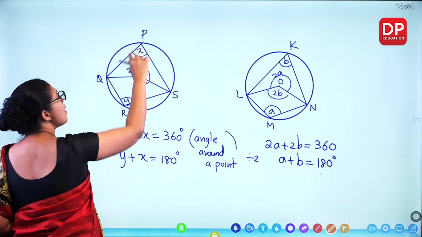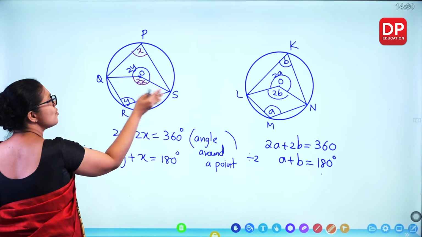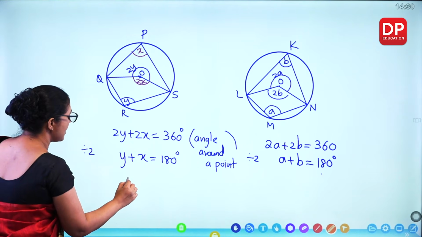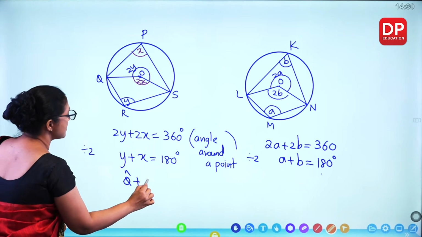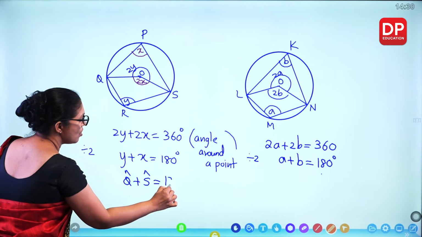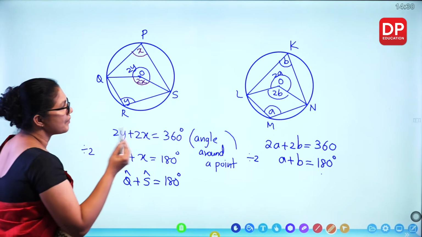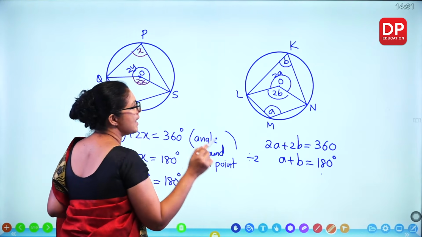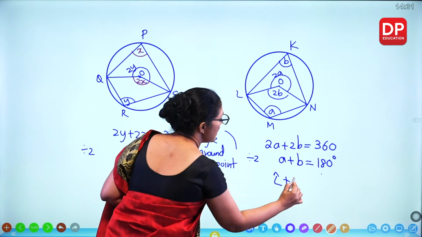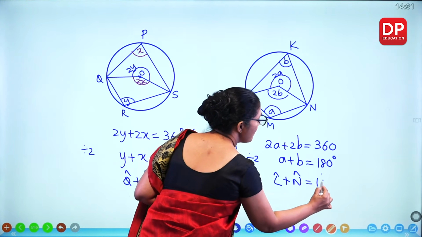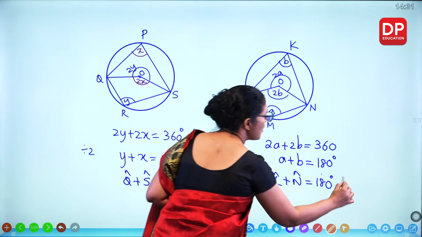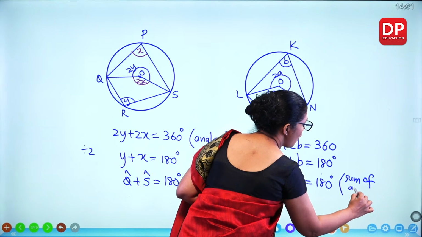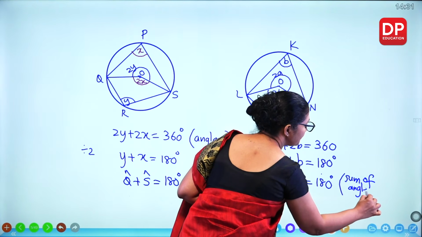So if these two are 180, what about these two? 360 minus 180, you can write the Q angle plus S angle is also 180. Here also you can say A plus B means M and K. L plus N angles also 180 because sum of angles in a quadrilateral.